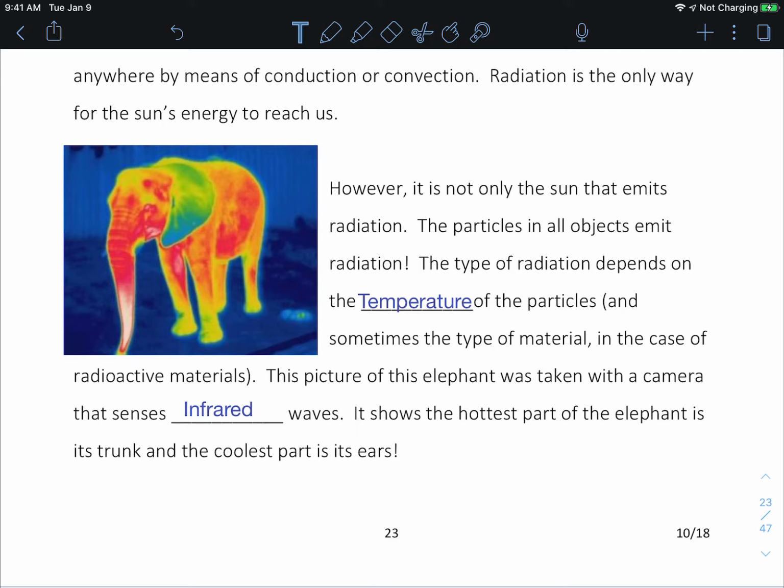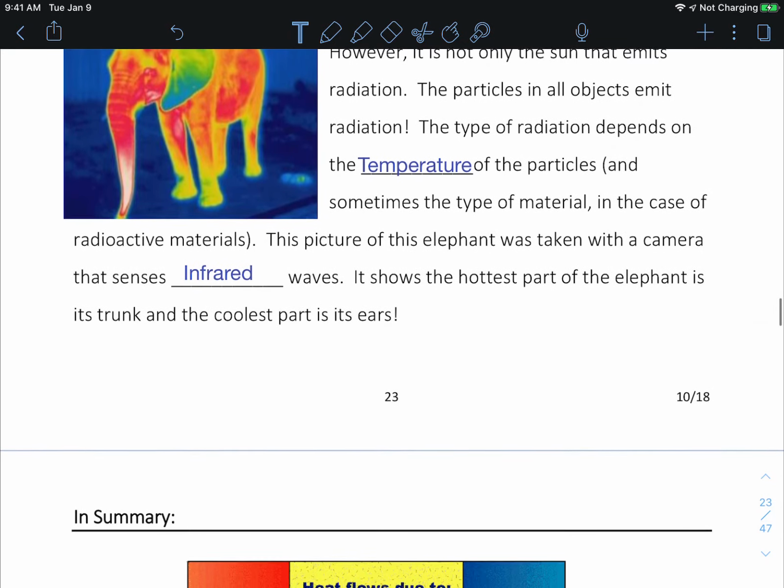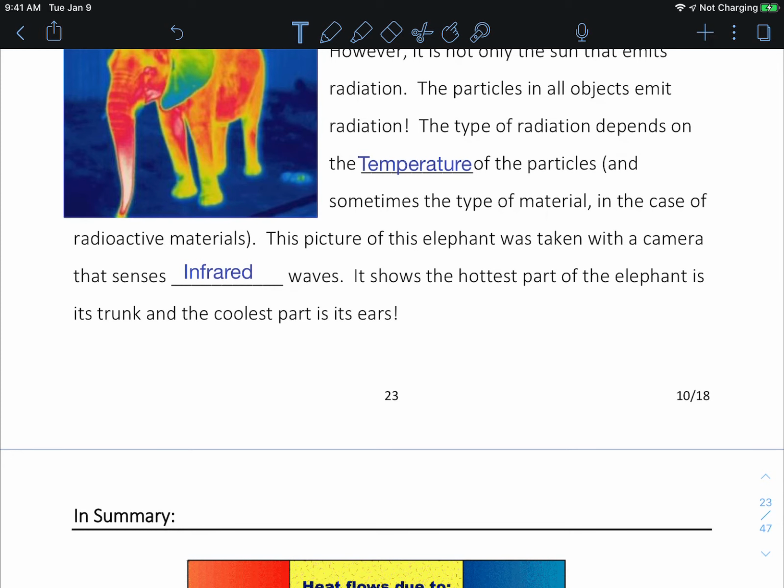So if you get some real dry toast and put it in the microwave, you probably will notice that it doesn't heat up as well as something that has a little bit of water in it. Anyways, that's because of radiation. The molecules absorb the energy from the radiation, and then they can emit that energy again in different ways.